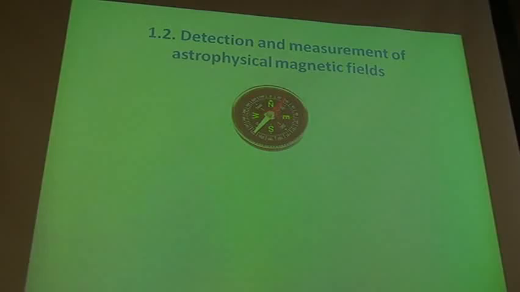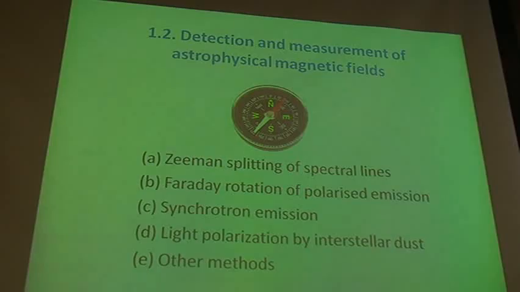Now, magnetic fields. We know about the magnetic field of the Earth just because we have compasses, right? And it would be hard to bring a compass to another galaxy. So we need methods of remote measurement of magnetic fields. Historically, the first such method was Zeeman splitting of spectral lines.